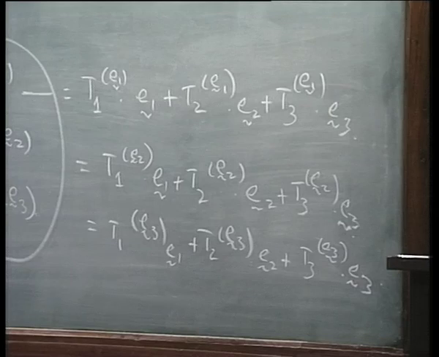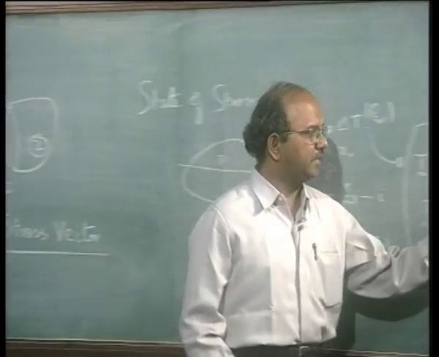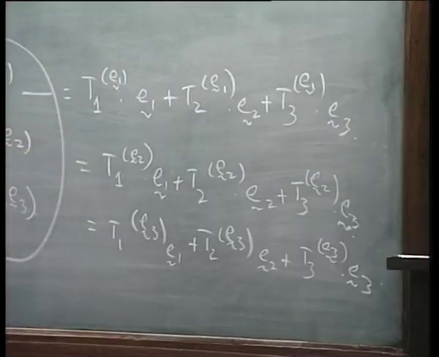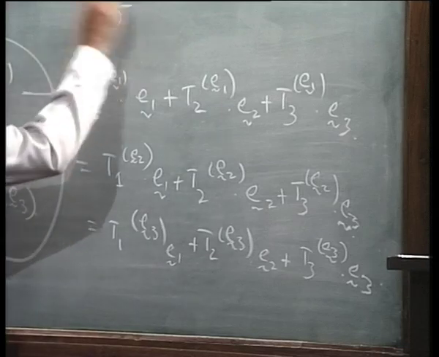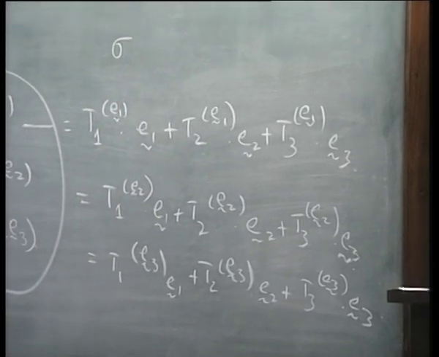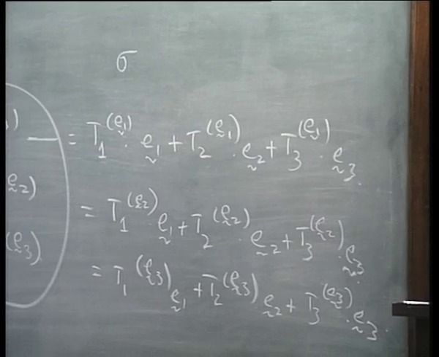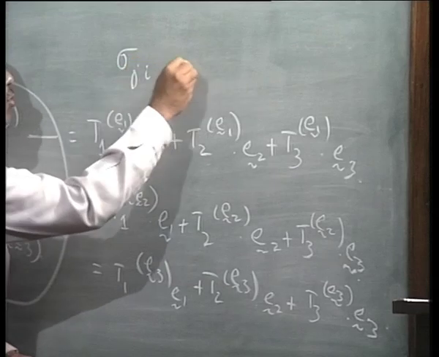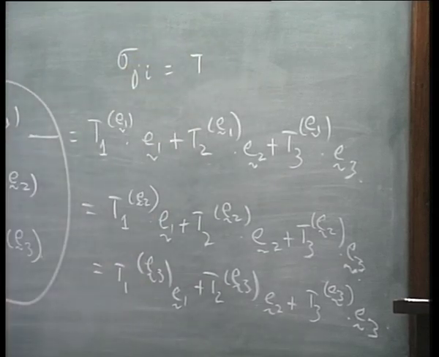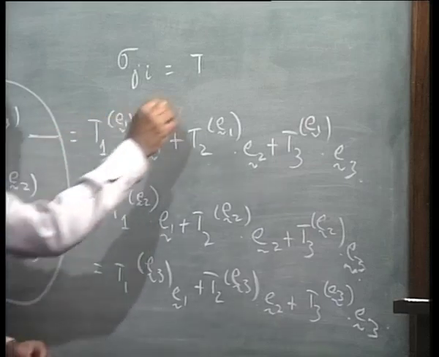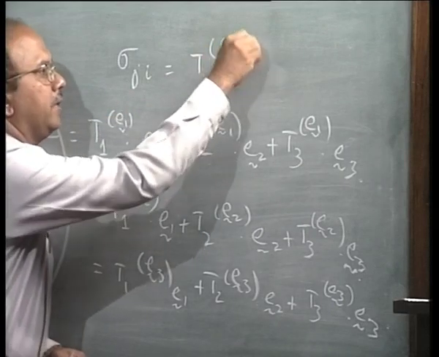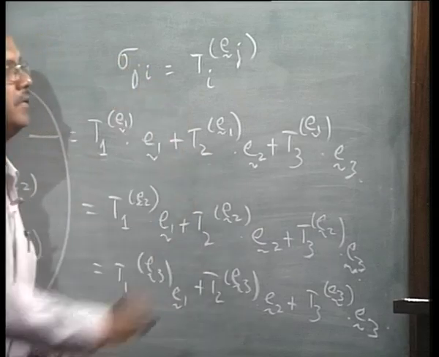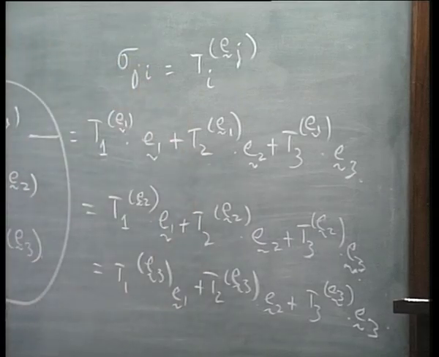It is customary to write T's in terms of what is called sigma, sigma ji, such that j indicates the plane and i indicates the direction.